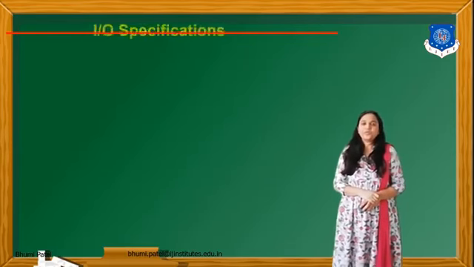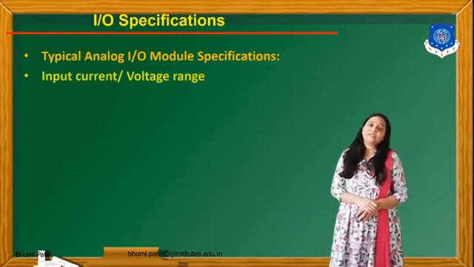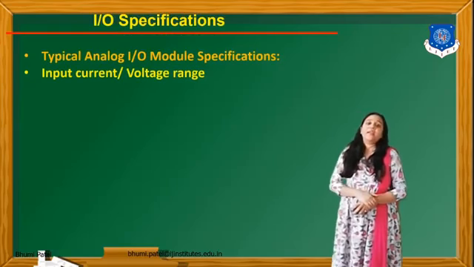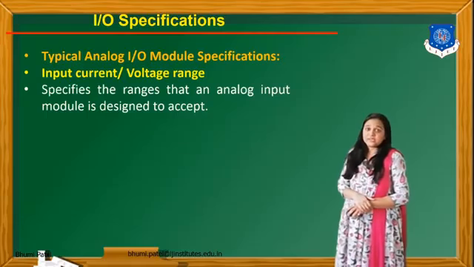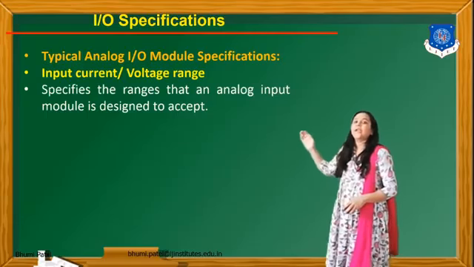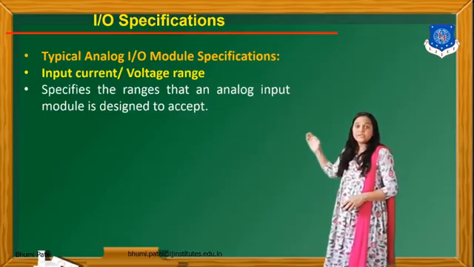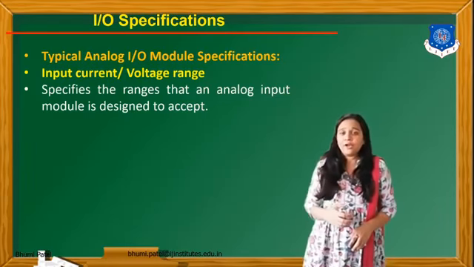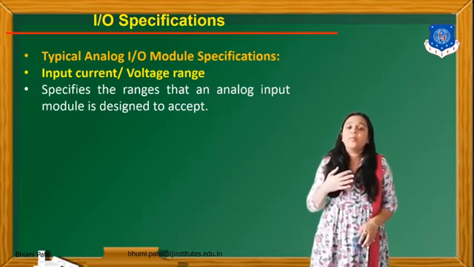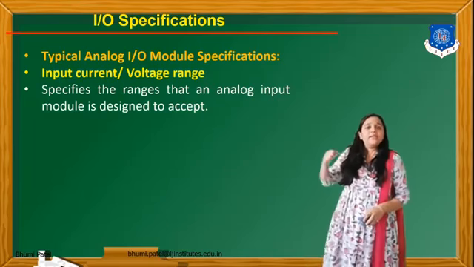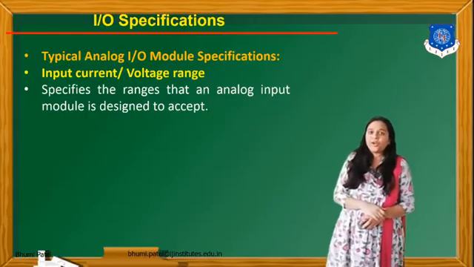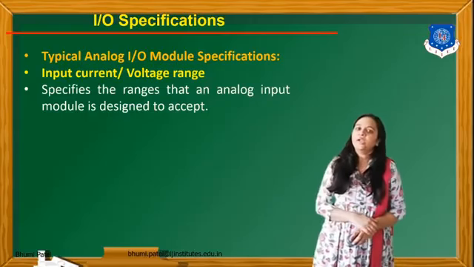The next one is the input current or voltage range for the analog I/O module. It specifies the ranges that an analog input module is designed to accept. If the module accepts plus or minus 15 volts and we connect 5 volts on the input side, that is not a proper voltage range for that particular input module.